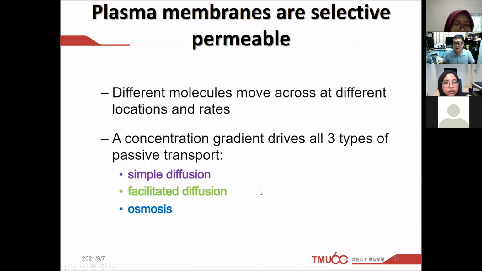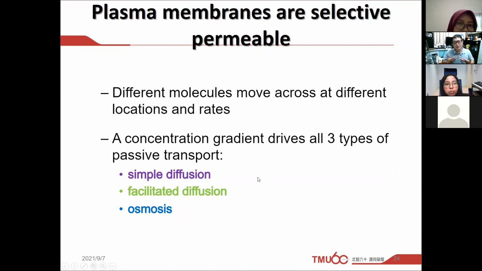It depends on the property of the substance, polar or non-polar, and depends on their size. It depends on what kind of receptor they will recognize. So we can divide into three types.